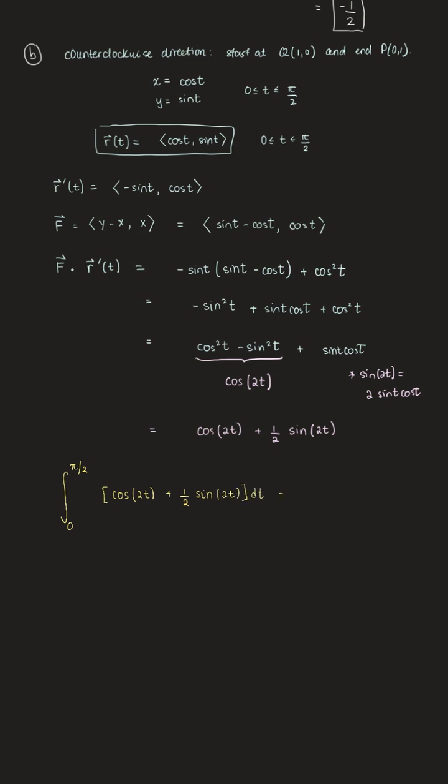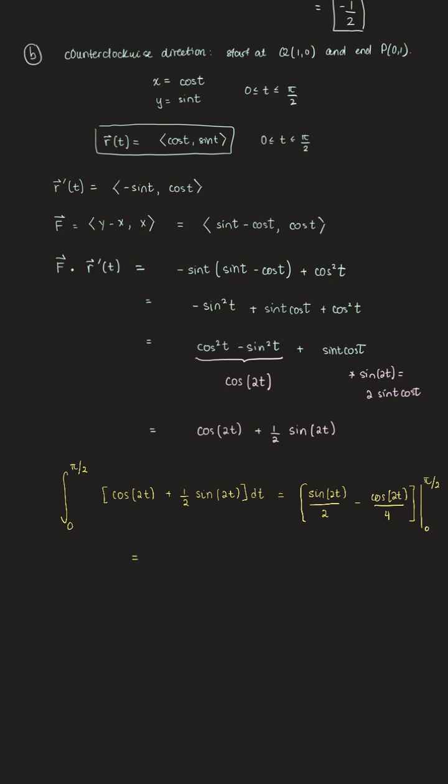When we integrate here, the first integral is going to give us sine of 2t over 2. And the second one will give us a minus cosine of 2t over 4. Remember that we divide by the constant on the inside when we're undoing the chain rule. And this is from 0 to pi over 2. So let's do that.